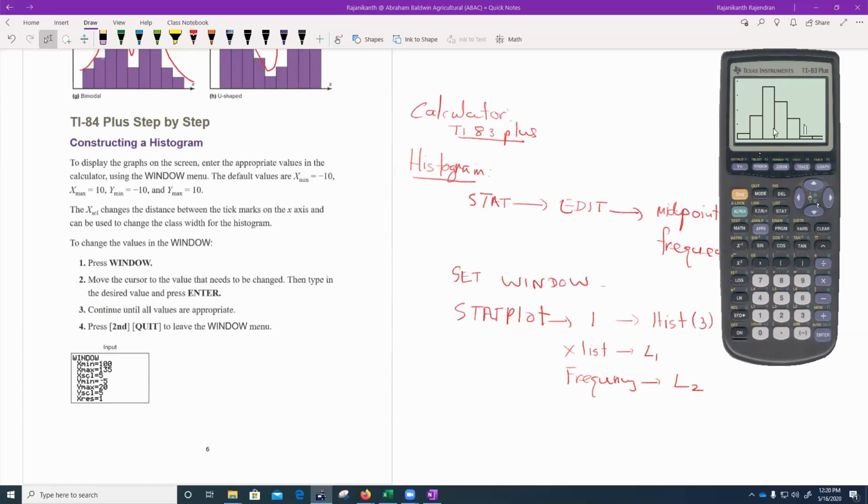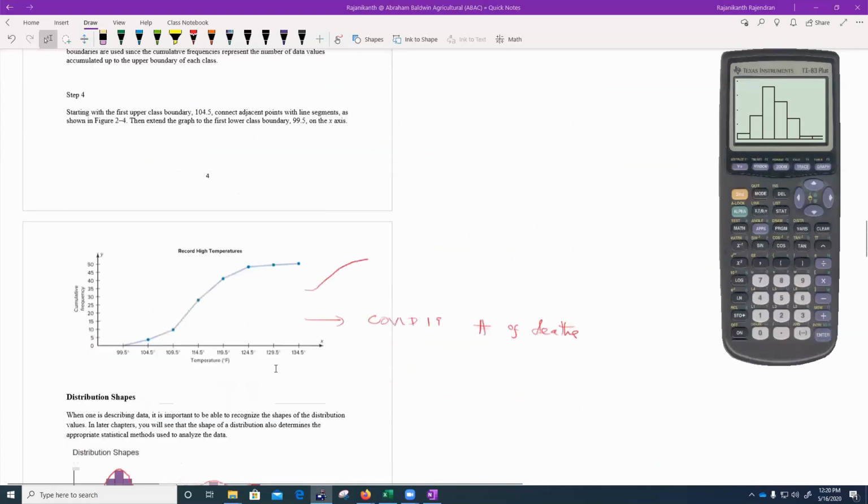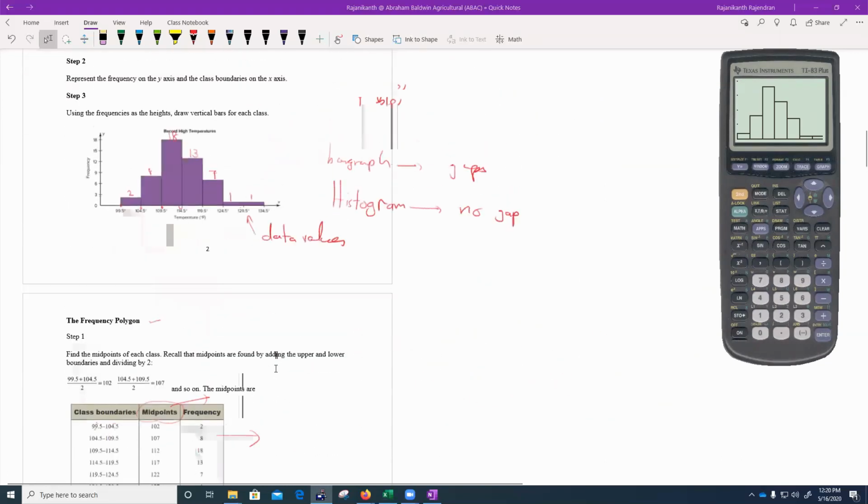So if you look at this picture, I have 1, 2, 3, 4, 5, 6, 7, seven blocks. So if you look at the picture we have drawn here, the very first picture exactly same, right? If you want to check the values for each block, you could click the trace button here, and it will give you the corresponding frequencies for the particular block or box.